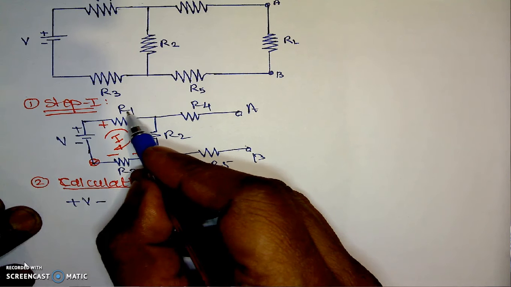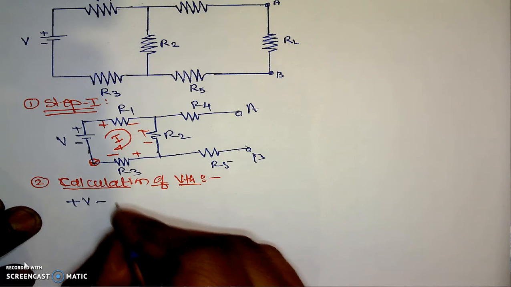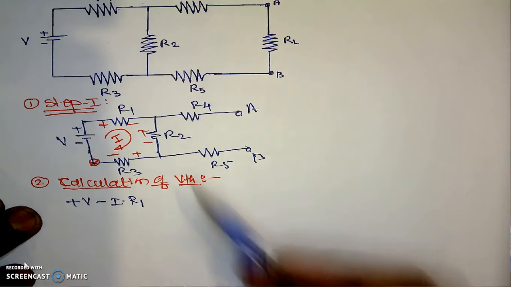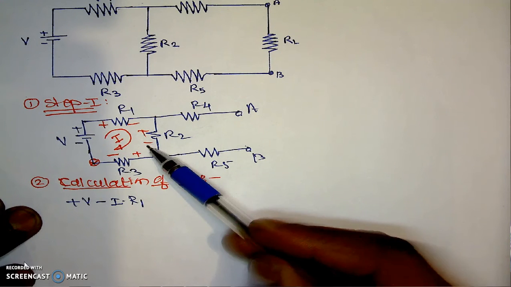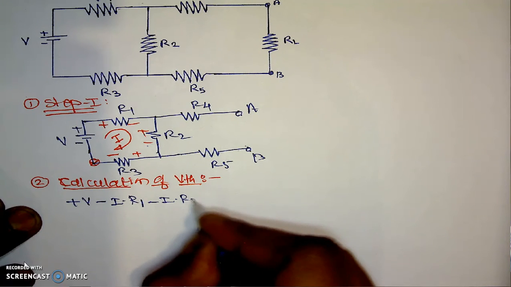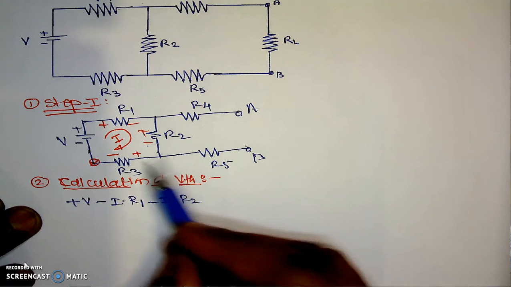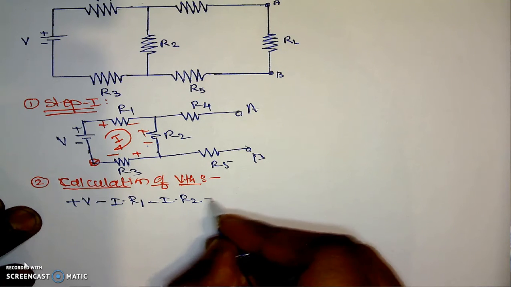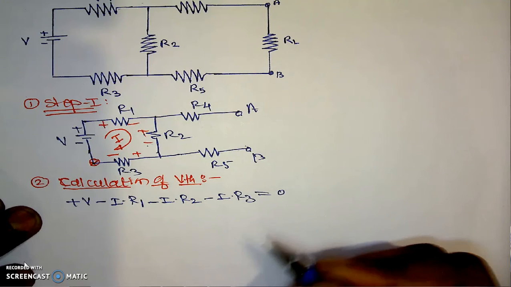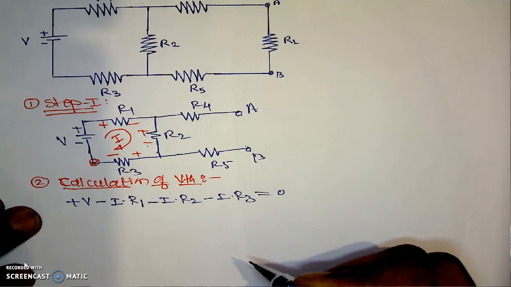The voltage across this resistance R1 will be I into R1. Then positive to negative, which is minus. This resistance is again I into R2. Then we are coming back, positive to negative, which is minus. It is I into R3, which is equal to 0. This is the application of the KVL.